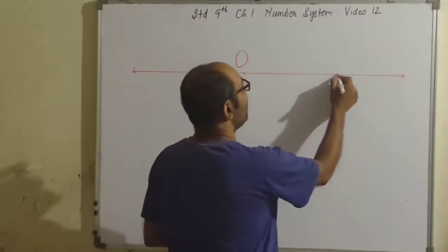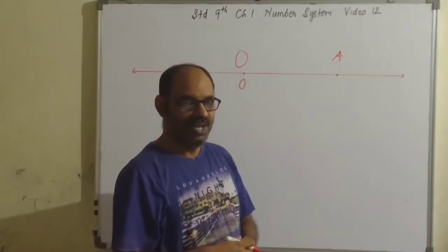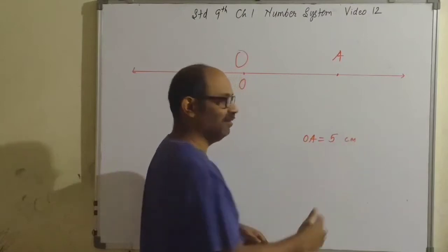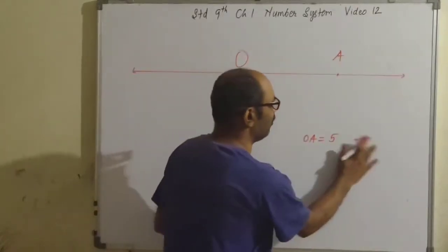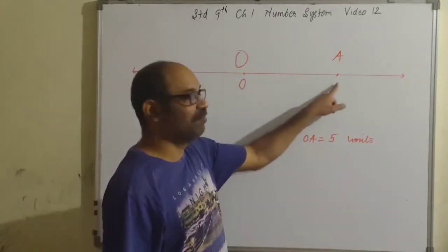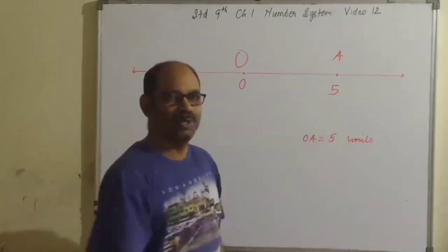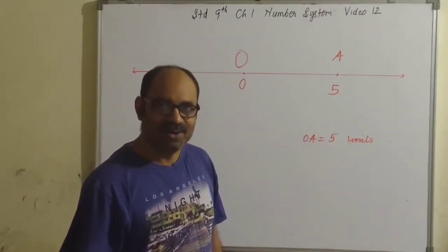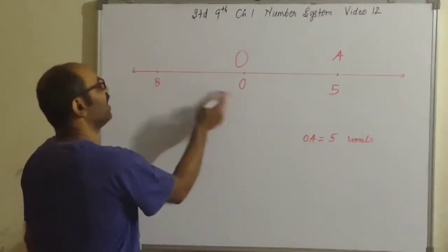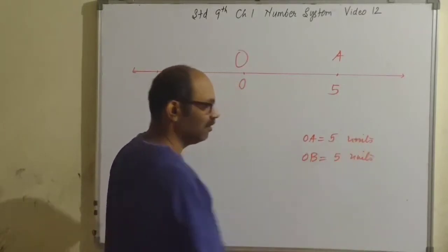Say suppose A is a point to the right of origin and the distance OA is equal to 5 units. Then what is the real number corresponding to point A? 5. The number corresponding to A is 5.